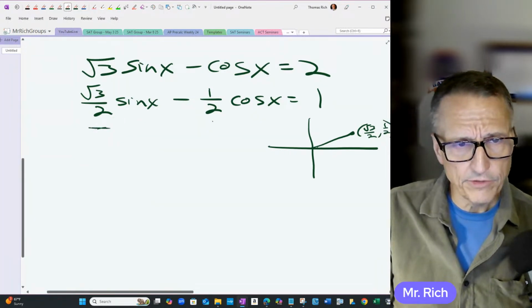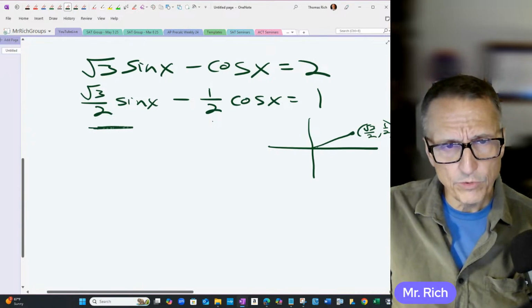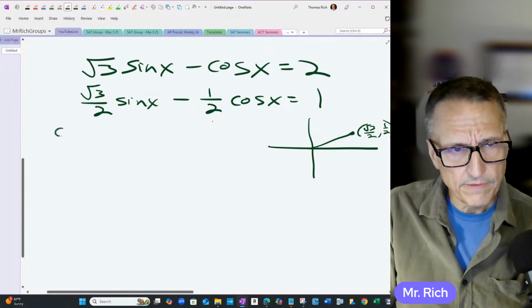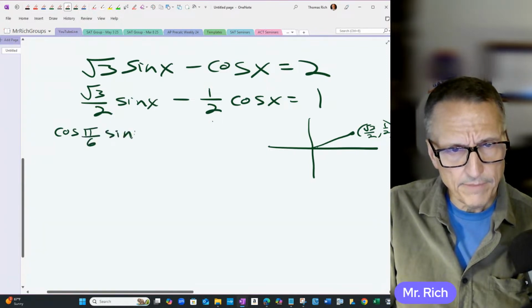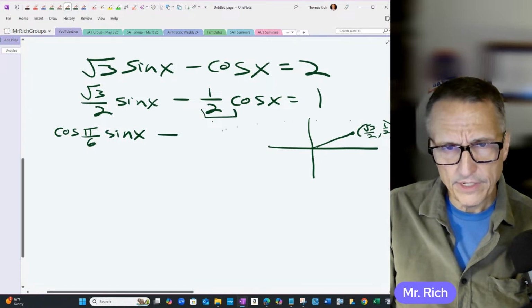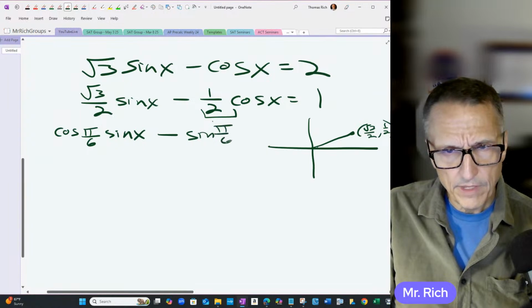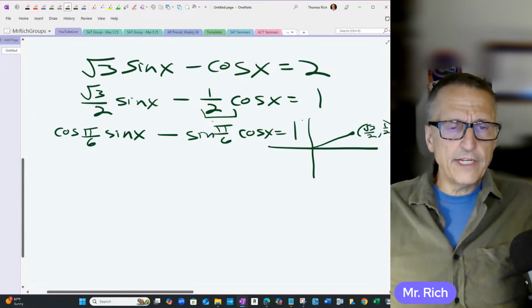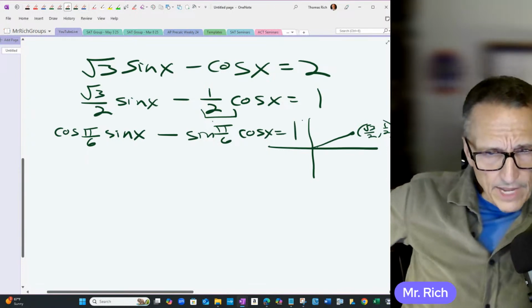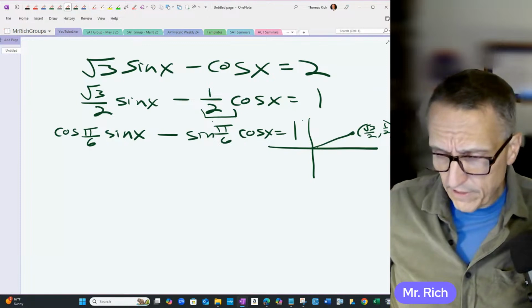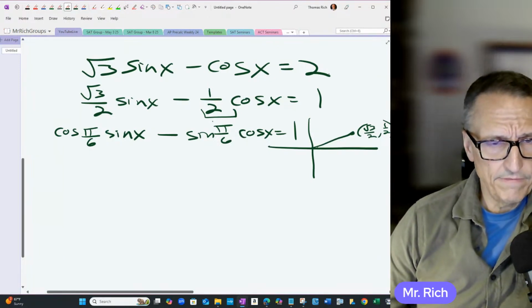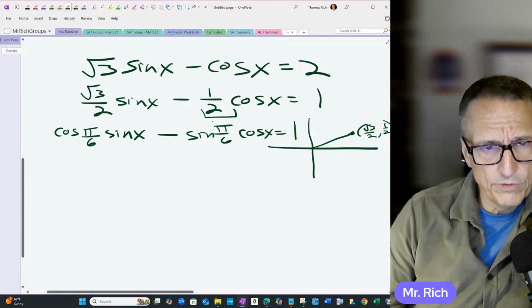What that allows me to do then is replace the root 3 over 2 with cosine of pi over 6. So I'm going to write this as cosine pi over 6 times sine x. This 1/2 I'm going to replace with sine of pi over 6 times cosine of x equals 1. And this takes me to a difference of two sine angles.